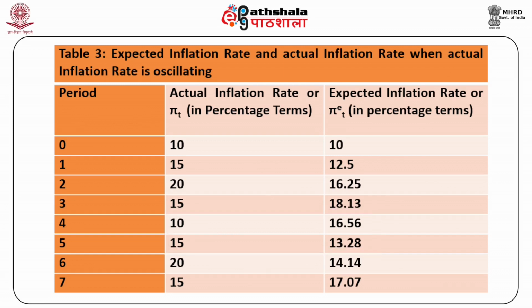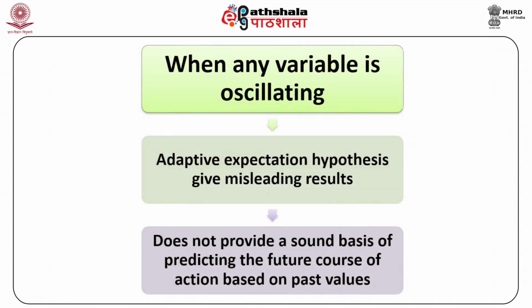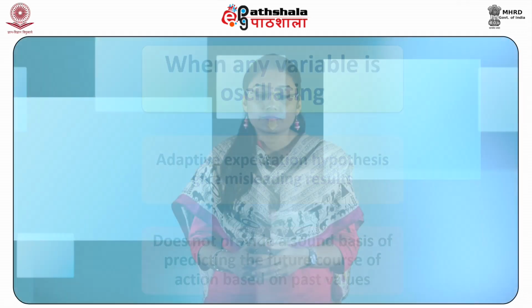Similarly, consider period 4 and period 5, which is highlighted in blue color in the above table. When the actual inflation rate is rising, people are expecting it to fall. Thus, when any variable is oscillating, the adaptive expectation hypothesis gives misleading results and hence does not provide a sound basis of predicting the future course of action based on the past values of this variable.